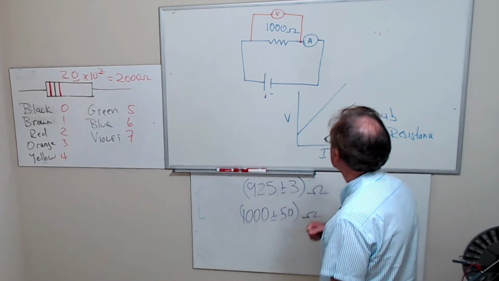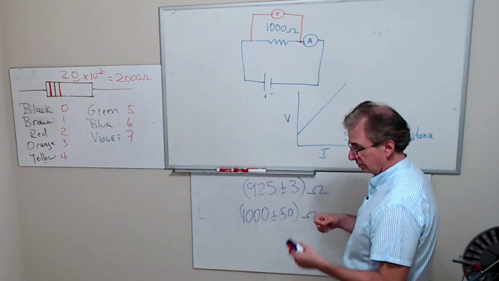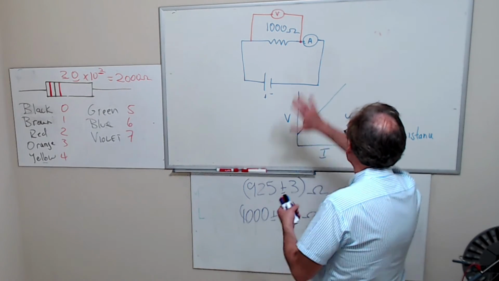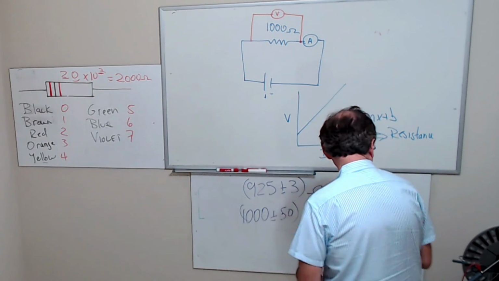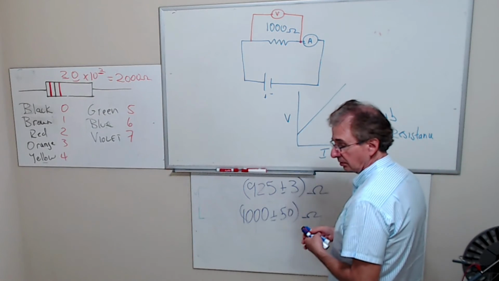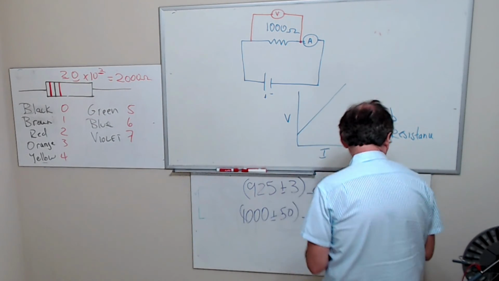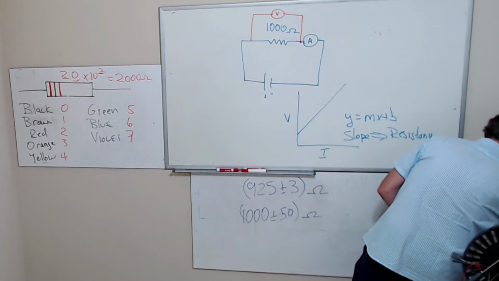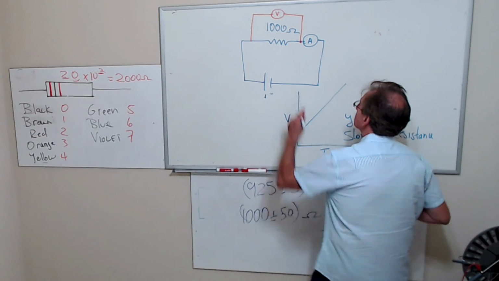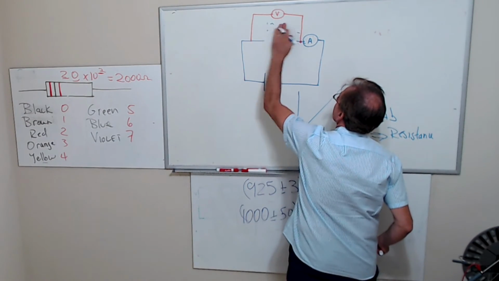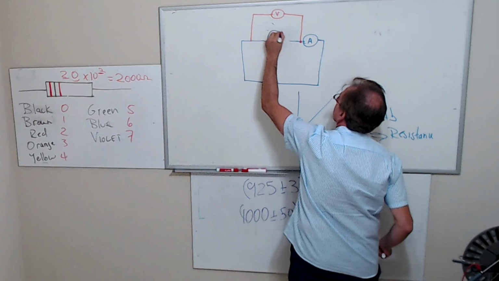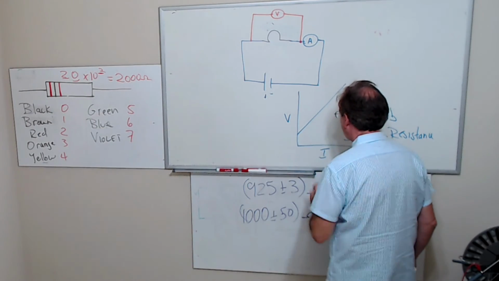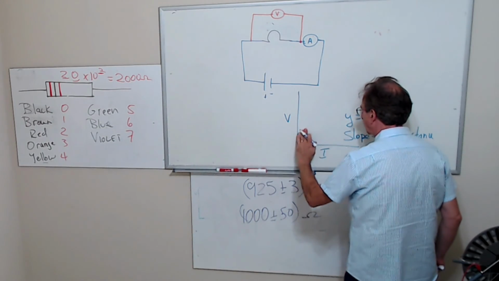Okay. Now, in part 3, the circuit is similar. The only thing you're going to use is a bulb. You're going to use a landscaping light. So let me replace this with a landscaping light. And so this is a device that does not obey Ohm's law.